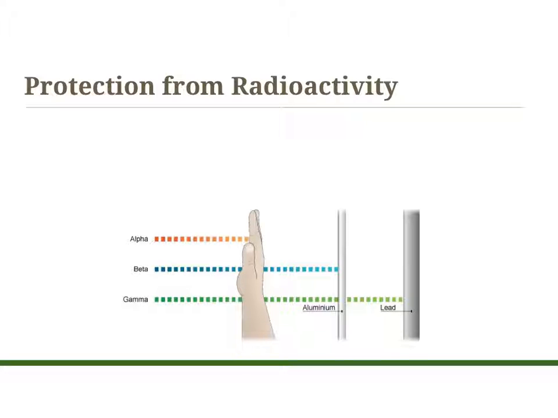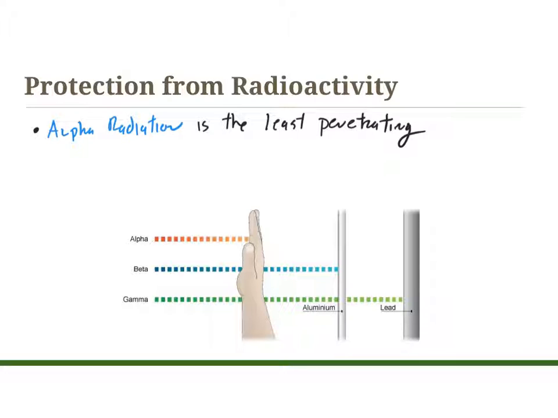But to go a little bit further, we need to talk about protection from radioactivity. So alpha radiation is the least penetrating of the three types of radiation that you're going to be responsible for understanding.